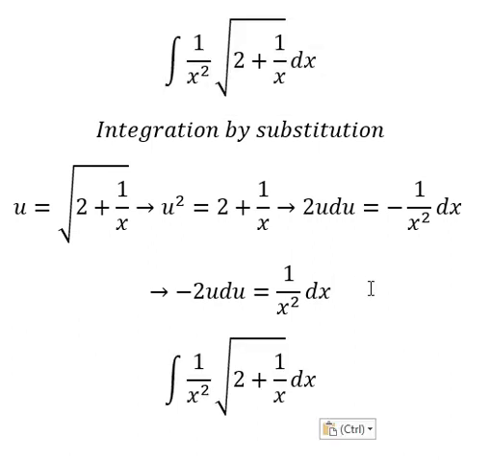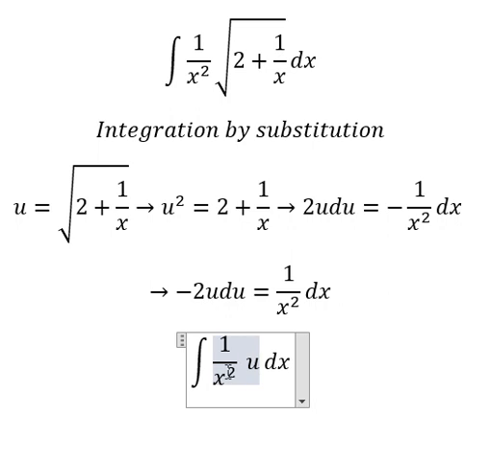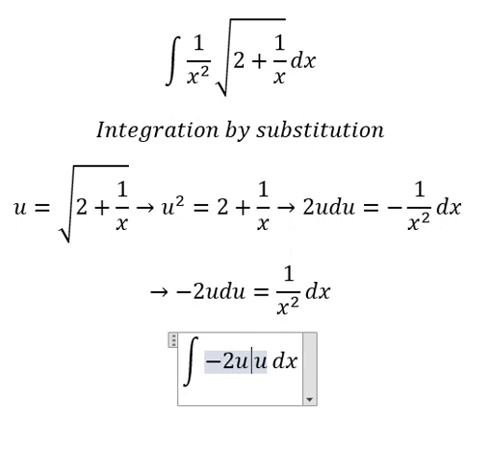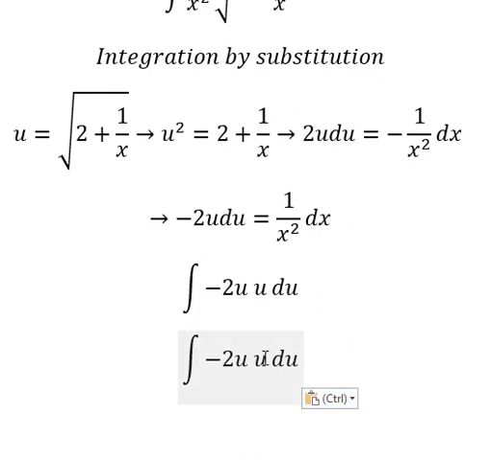So the square root is u. 1 over x squared dx is this one. So u and u we have u squared.